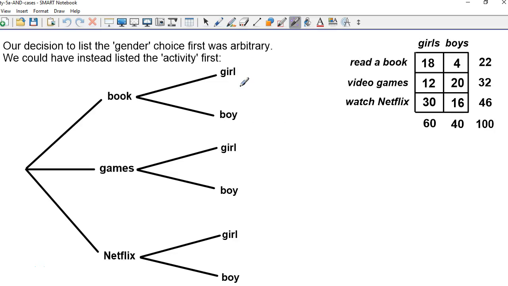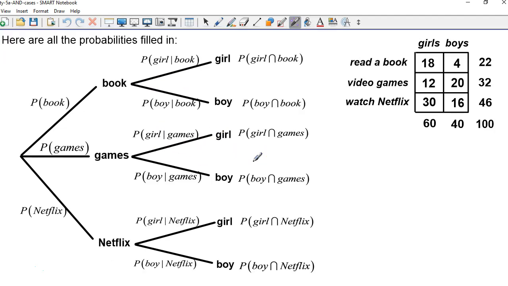Okay, so our decision, by the way, to list gender as the first choice in the tree was totally arbitrary. We could have instead decided to list the activity first, and if we did that, we would have book, games, and Netflix as the first choice, and then the gender, being girl or boy, would be the second choice. Here would be the probabilities all filled, and remember, you're watching a video, so you're welcome to pause this if you need to really take a look and see if you agree with this, right?